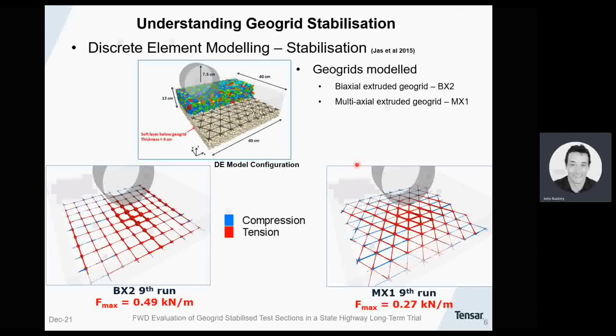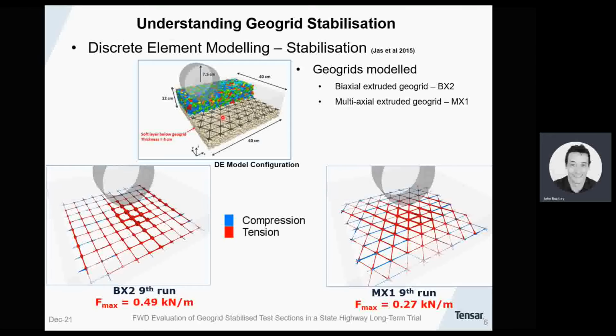Numerous studies over the years have examined the stabilisation effect in detail. One of these studies is the small-scale modelling study that was conducted by Itasca in Germany using DEM, or discrete element modelling. You can see the model here. It's a small-scale model because the larger you make the model, the more computing power and time required to run a trafficking simulation.